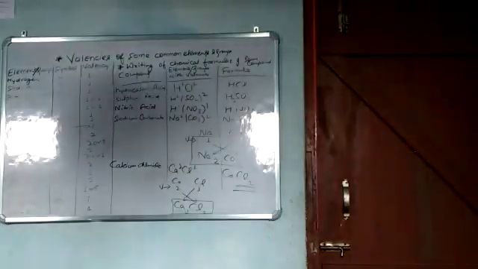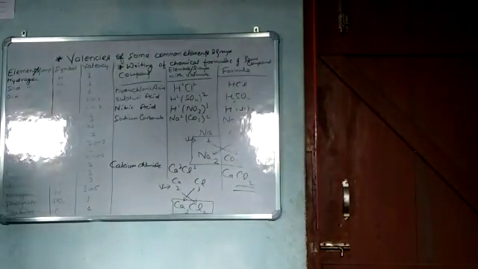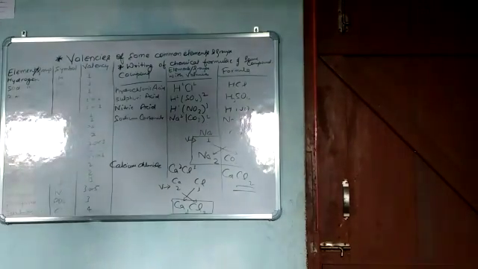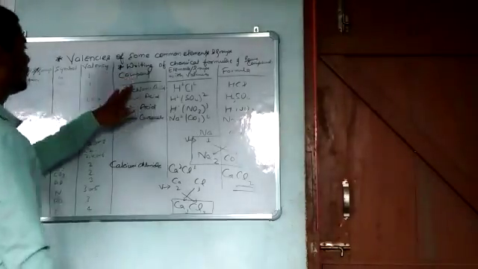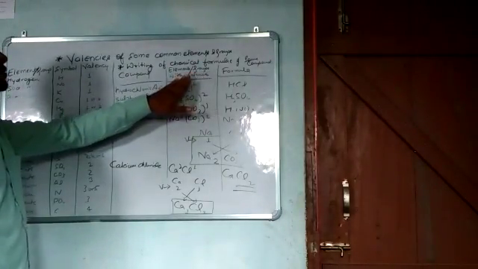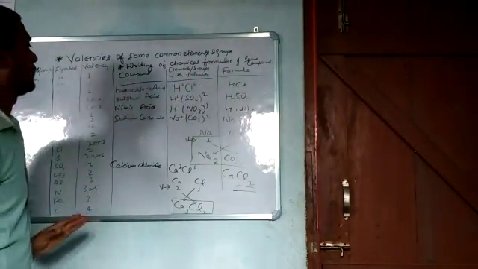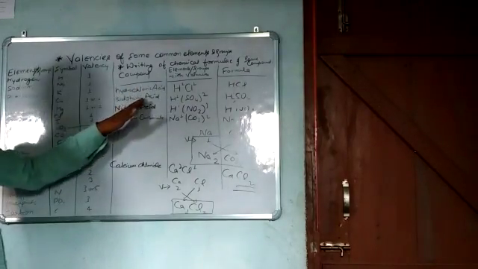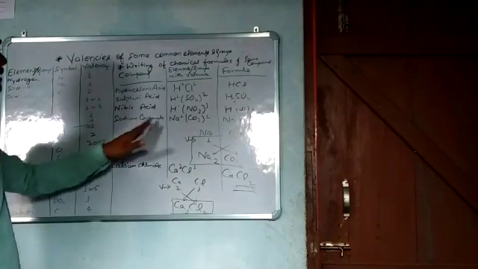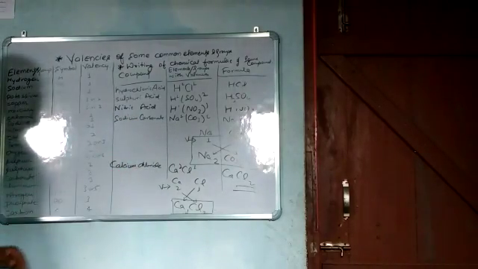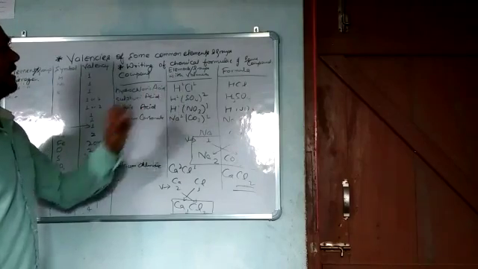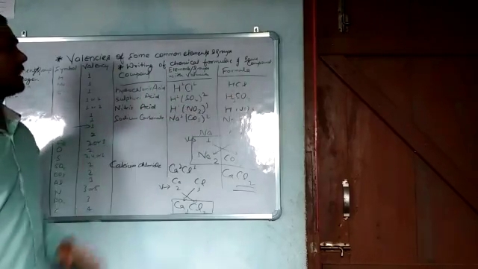Let us see how we write a chemical formula. Compounds, elements, groups with valencies and formula. We have some compounds like hydrochloric acid, sulfuric acid, nitric acid, sodium carbonate, calcium chloride. Okay, and their elements with their valencies, and then how we write the formula.